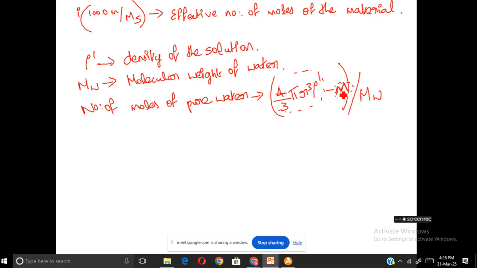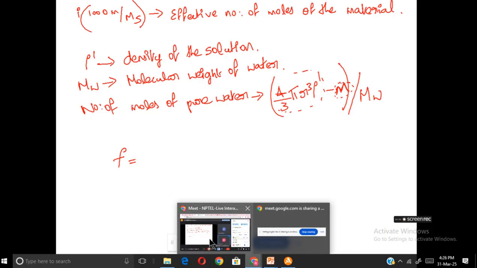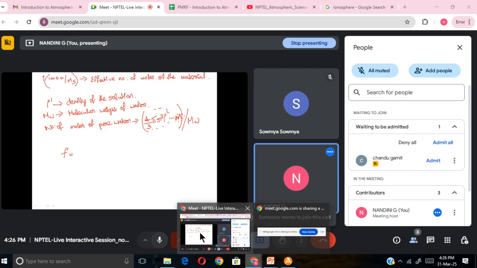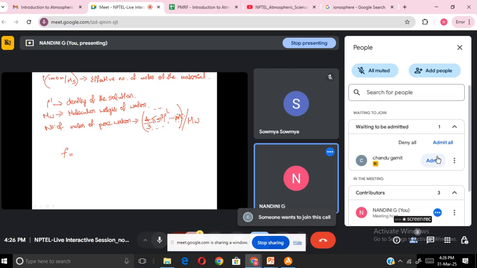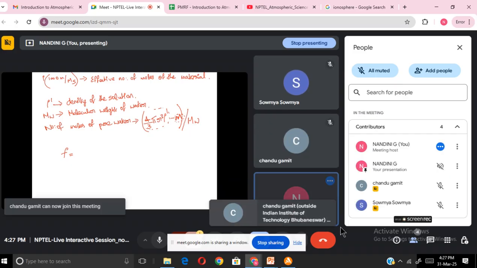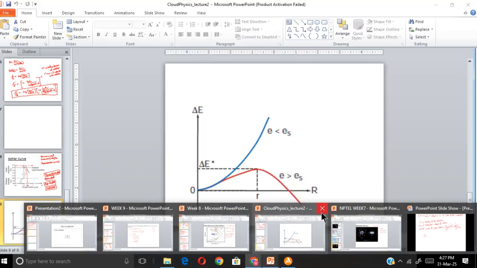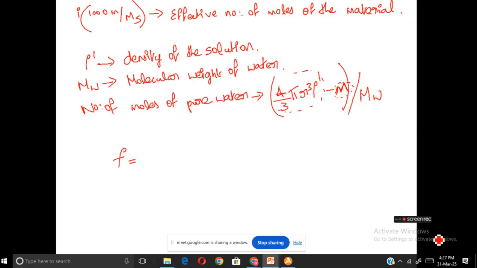So now the mole fraction, this is F as we said earlier, is basically the number of moles of pure water divided by the total number of moles of the solution.